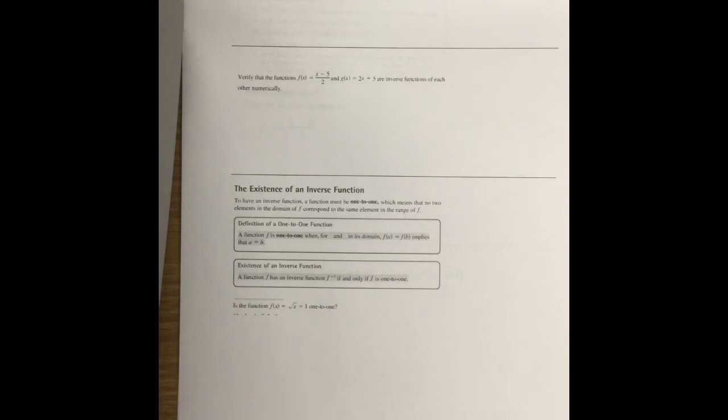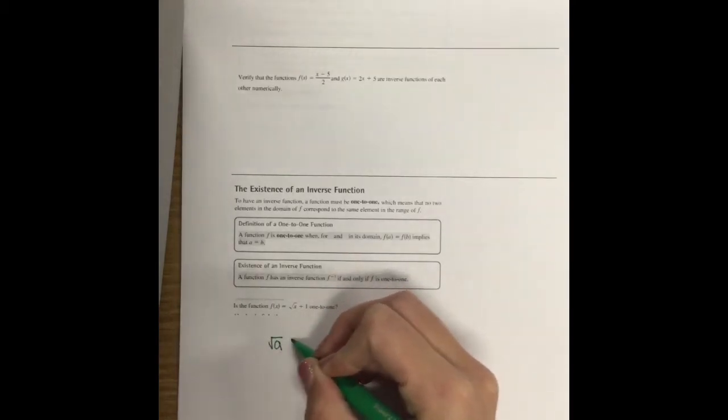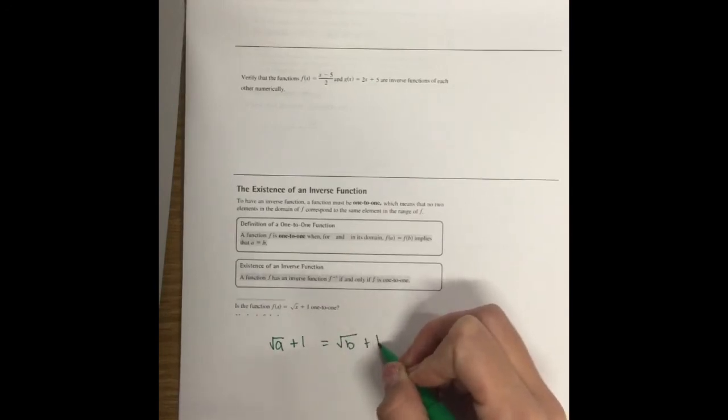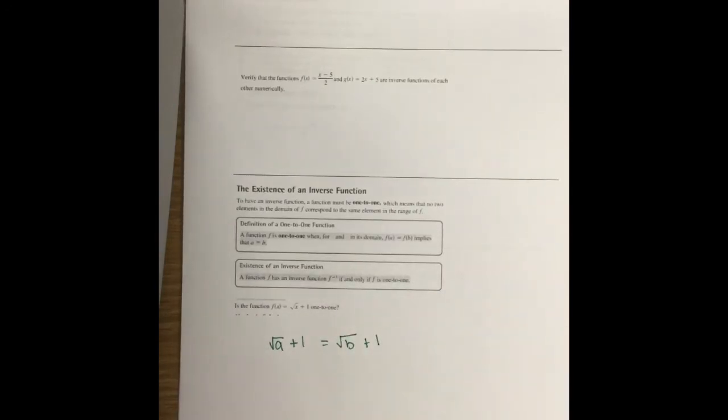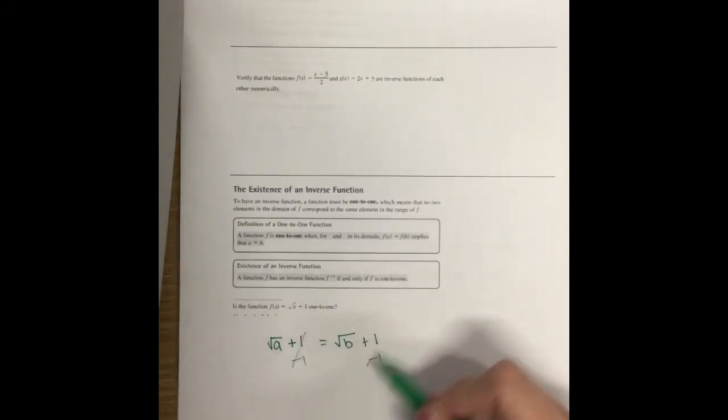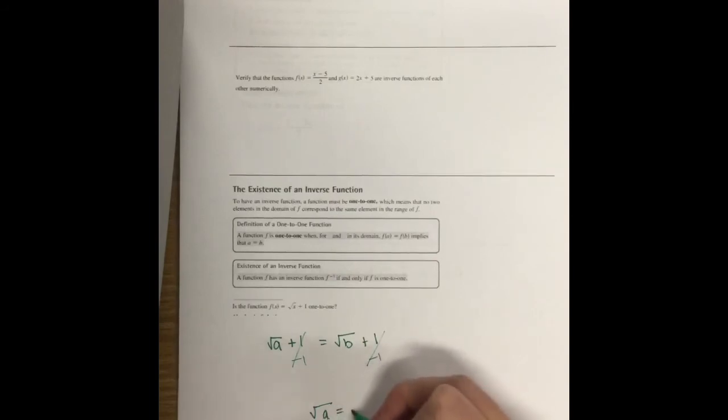The first thing asks us, is the function square root of x plus 1 1 to 1? Well, let's plug in. The way to check this is we can say square root of a plus 1, does that equal the square root of b plus 1? We're just plugging in two values to see what happens. If we subtract 1, we get square root of a equals square root of b.